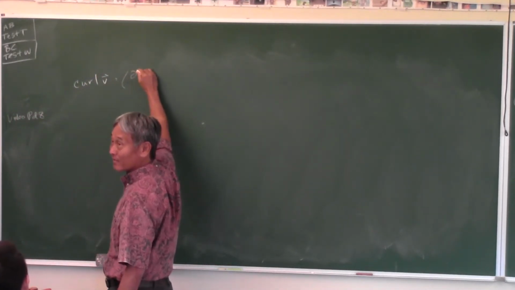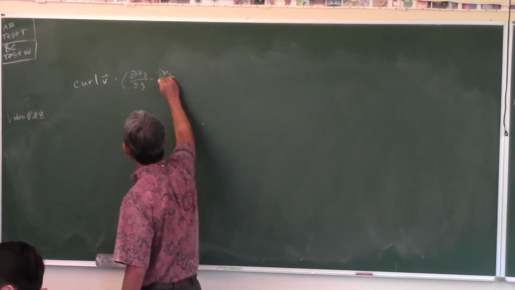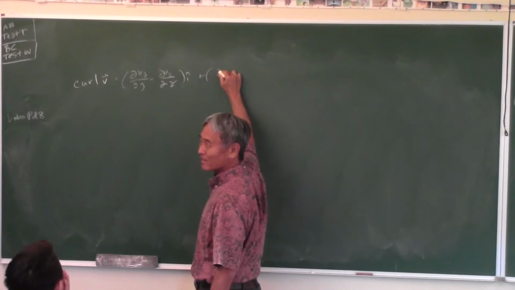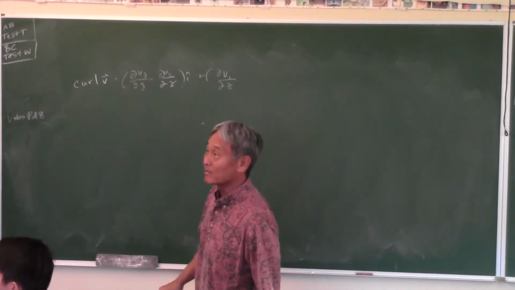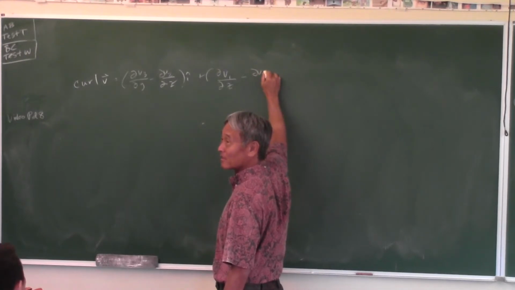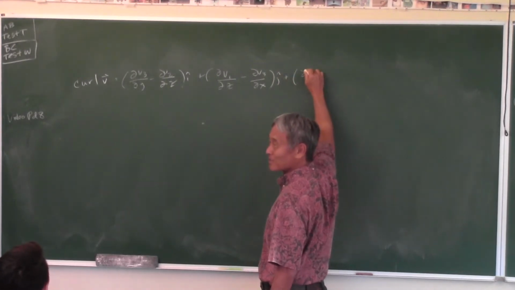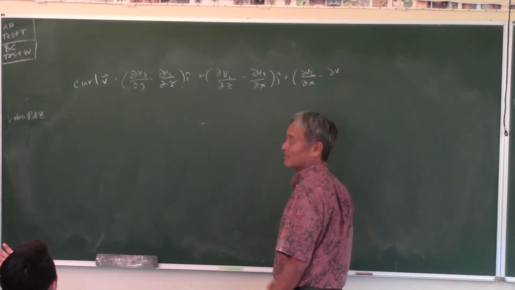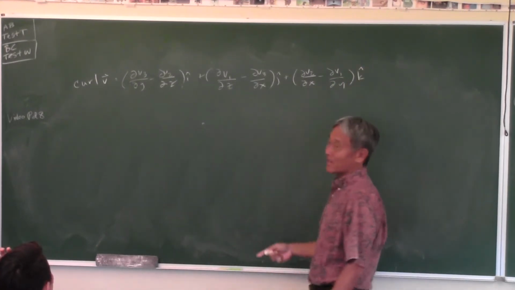It's the partial of V3 with respect to y minus the partial of V2 with respect to z, I, plus the partial of V1 with respect to z minus the partial of V3 with respect to x, J, plus the partial of V2 with respect to x minus the partial of V1 with respect to y, k. This is how you compute the curl.